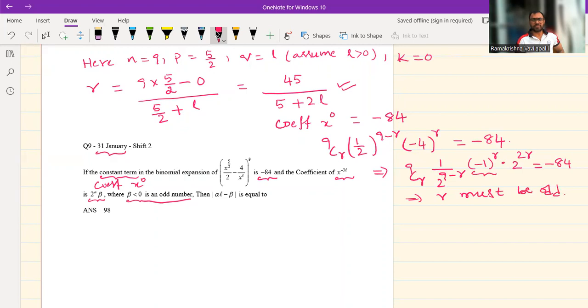So this gives us 9CR (minus 1) whole to the power of R. Here I am writing 2 to the power of 3R minus 9. So minus 84 we must write as 2 power something into some number. So this is 21 into 4. So minus 21 into 4, where 4 is nothing but 2 square.